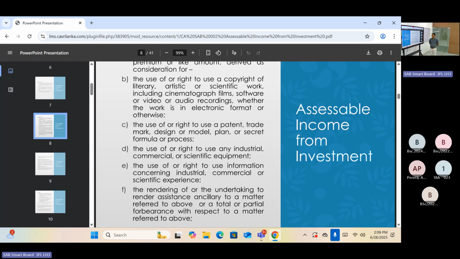The rendering of or undertaking to render assistance ancillary to the matters referred to, so anything ancillary and connected to the above items, that payment goes as royalty. So if somebody is making a payment for a patent right, or a software license, where we have the right to use intellectual property, it goes as royalty for tax purposes.